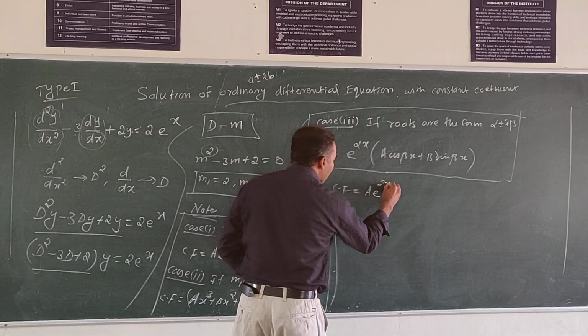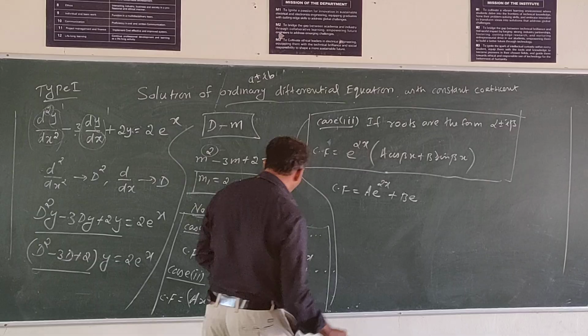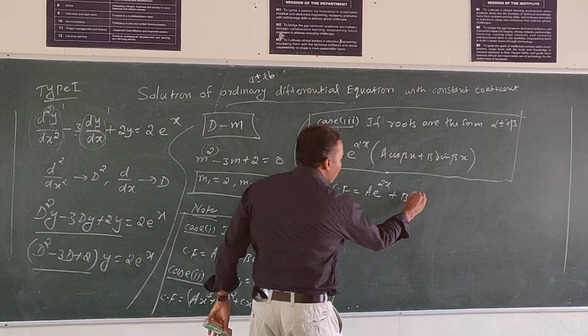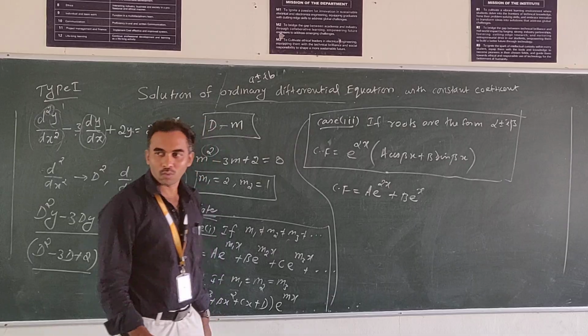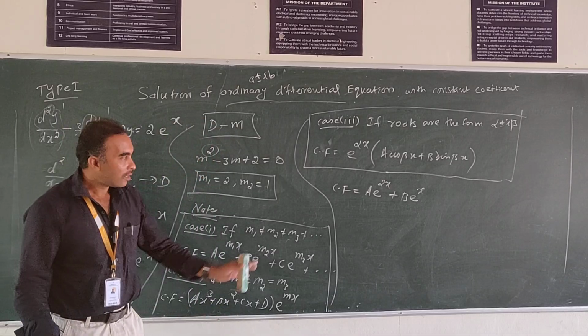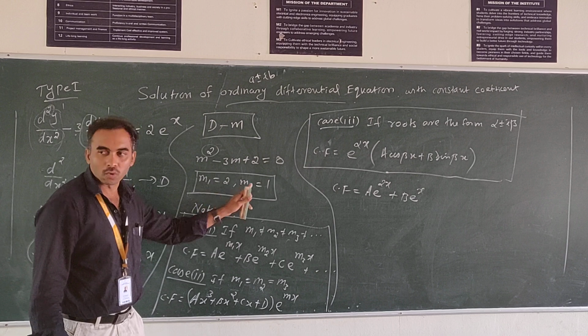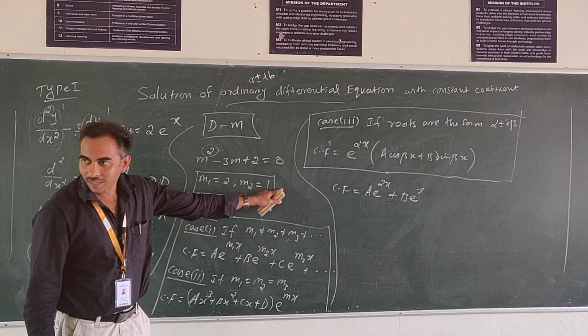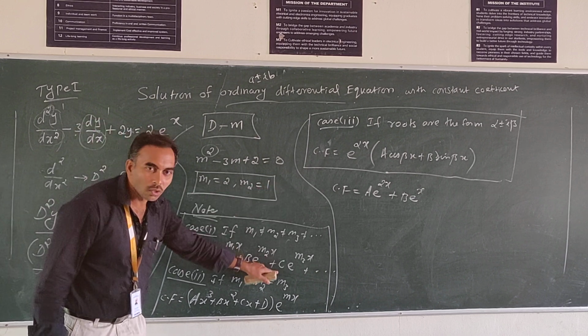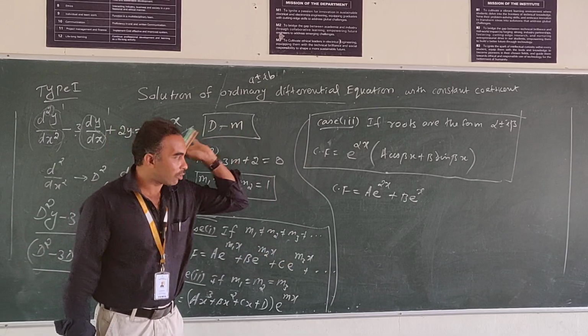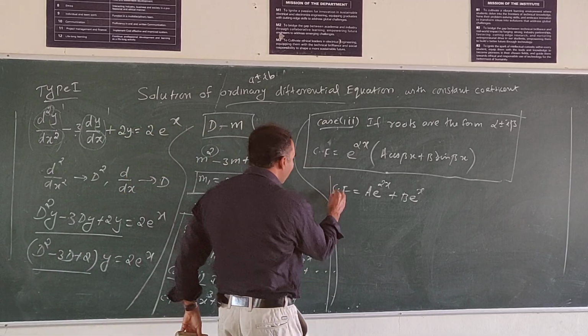So a e power 2x plus b e power m2 x. What is m2? 1. Simply write x. We don't need to write the next term because there are only two roots. Suppose three roots come, then plus c into e power that value and power x. Okay. So this is the complementary function.